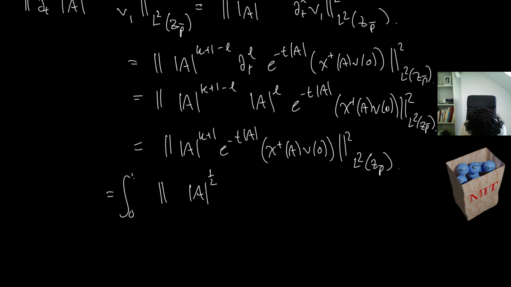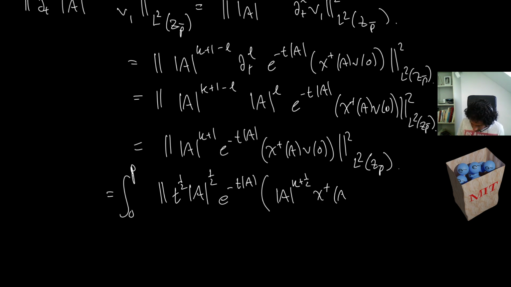This is 0 to rho of the L2 integral on the boundary. So I'm going to add t to the a half here. Now I have e to the minus t modulus A, and I'm going to commute across modulus A to the k plus a half power here. So this is really a beautiful expression, right? This tells you explicitly, it doesn't get any more explicit than this. So this is the L2 integral on the boundary and a dt. So this shows you explicitly where the derivative loss is.